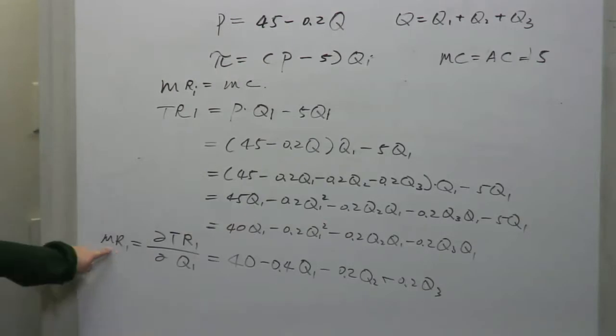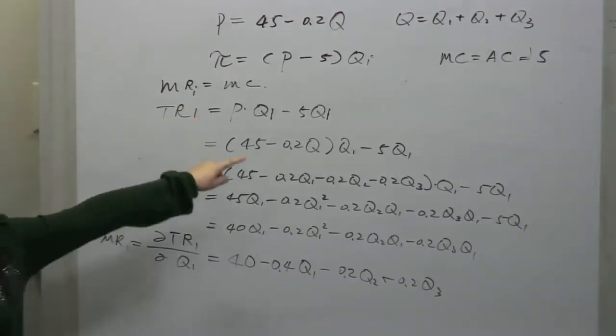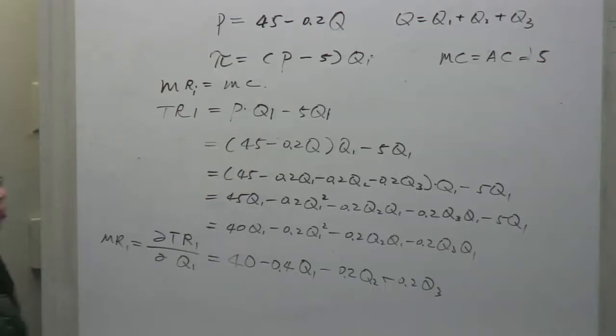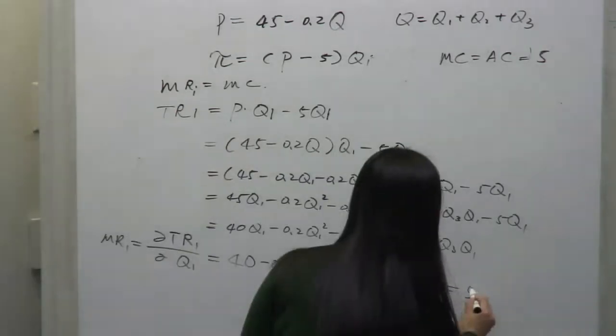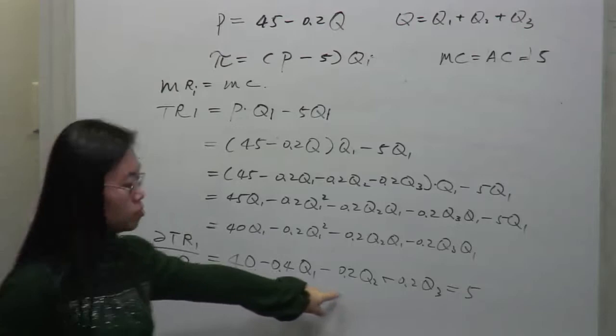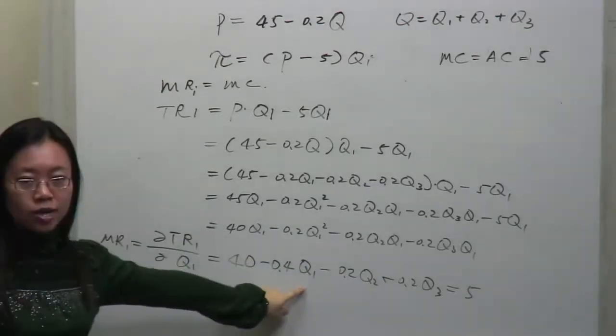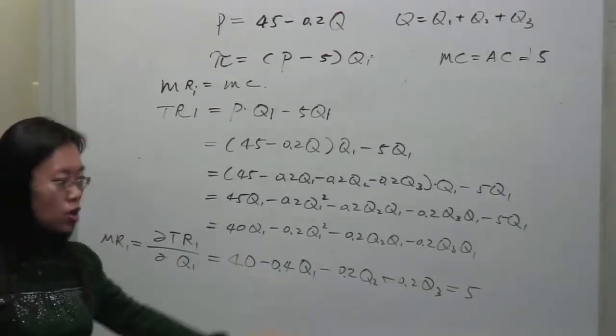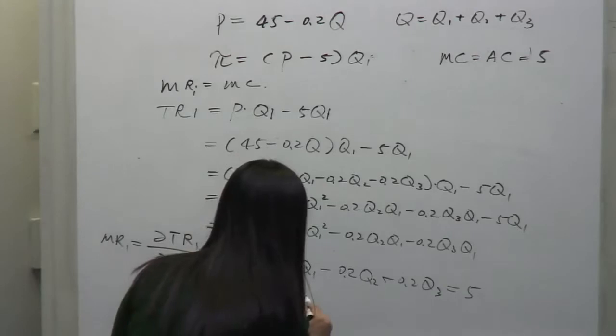Now we set this equal to what? 5, right? Okay, set this equal to 5, then we solve for Q1. Go ahead and solve this for Q1.